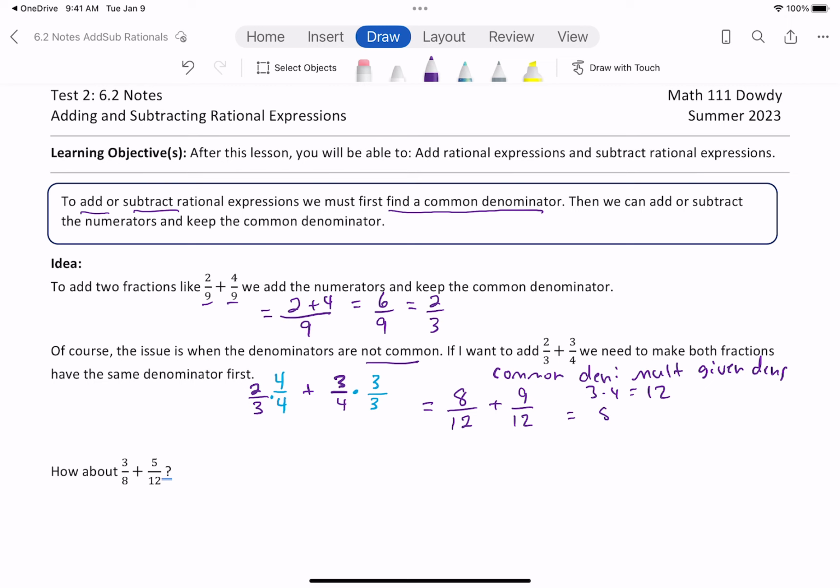Now that the denominators are the same, we can add the numerators. So 8 plus 9 gives me 17 over 12. And 17 only has factors of 1 and 17, so I think that is as low as that will go.